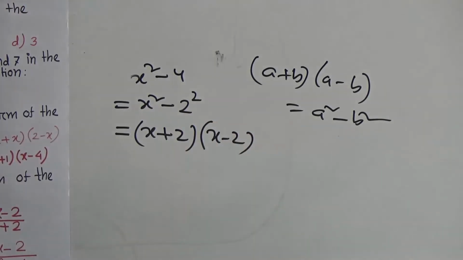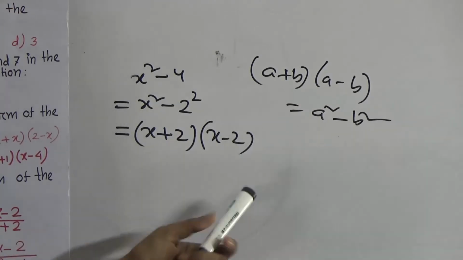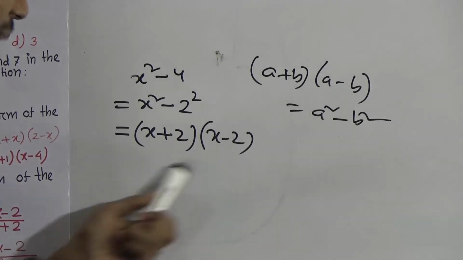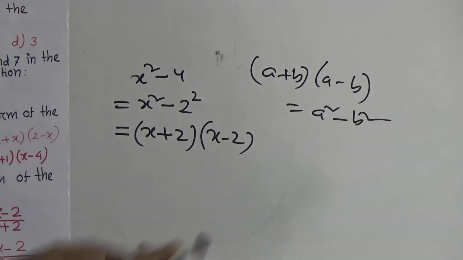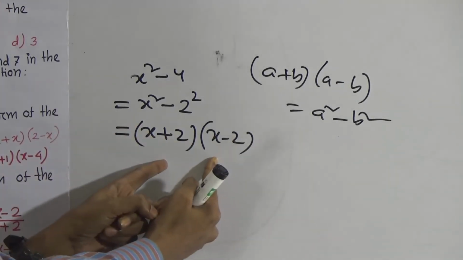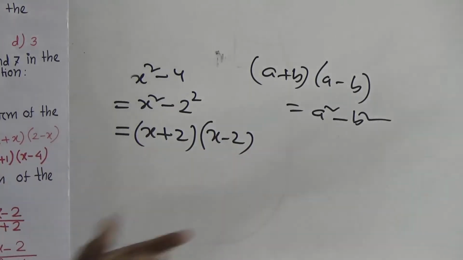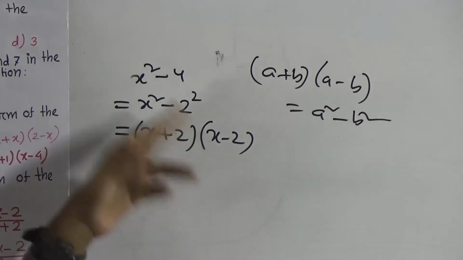Sometimes you say, sir, can I write x minus 2 here and x plus 2 there? That's no problem, because this is the multiplication form. What is the relation between x plus 2 and x minus 2? Multiplication. They are arranged in a product form, so this is the factorization form.